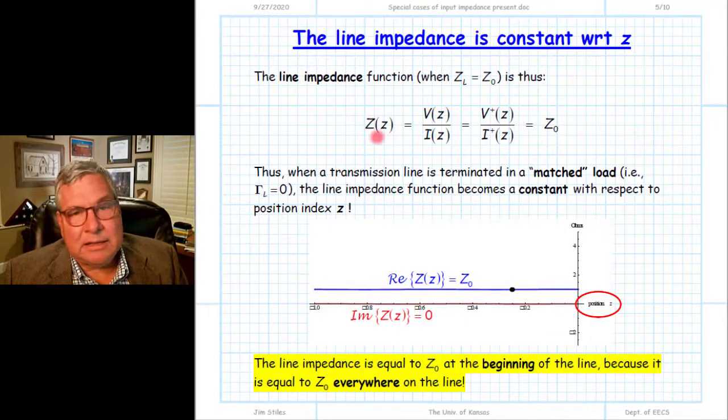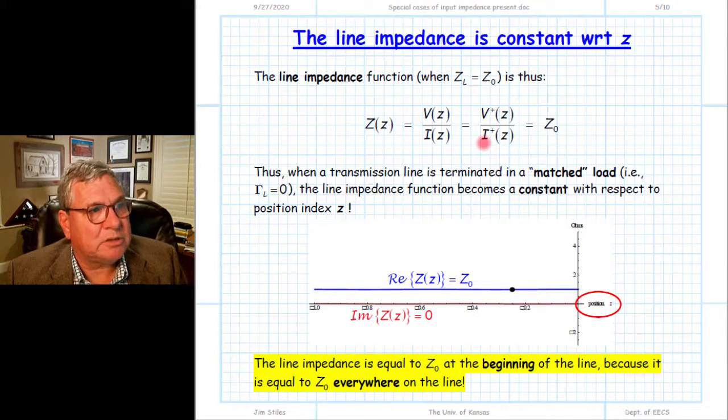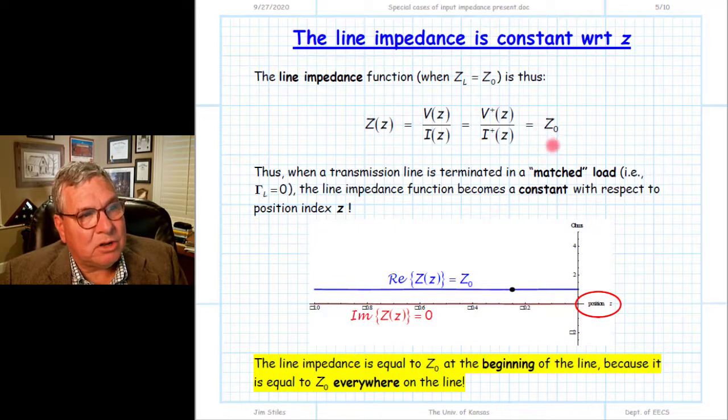Of course, we know that the line impedance function is the ratio of total voltage to total current. In the case of a matched load where ZL is numerically equal to Z0, the total voltage is simply the plus voltage, the total current is simply the plus current, and so the line impedance function is the ratio now of the plus voltage to plus current. But the ratio of V plus to I plus, we know from our analysis of the telegrapher equations, is always equal to a value called Z0.